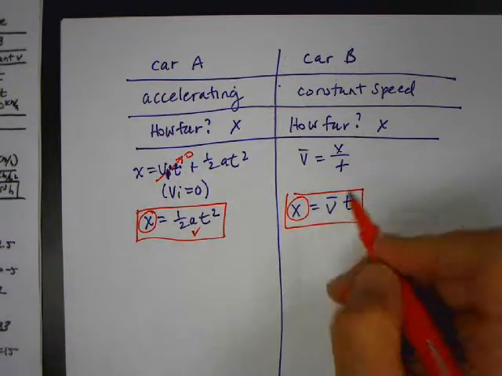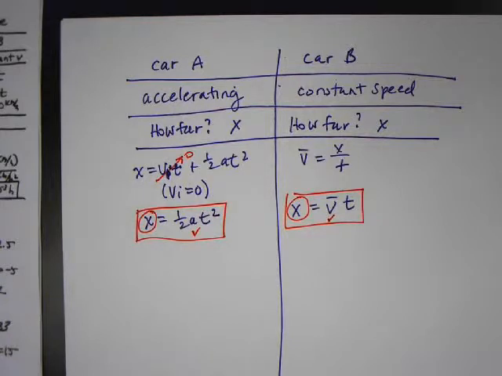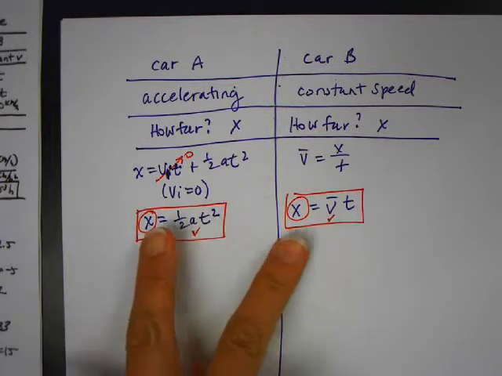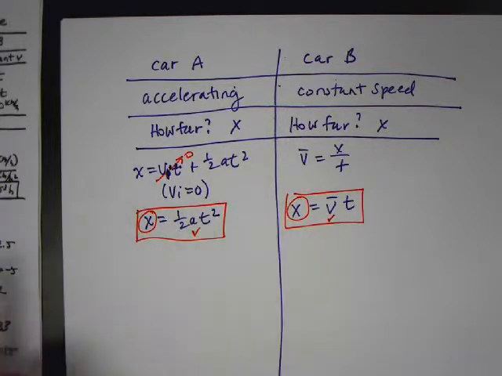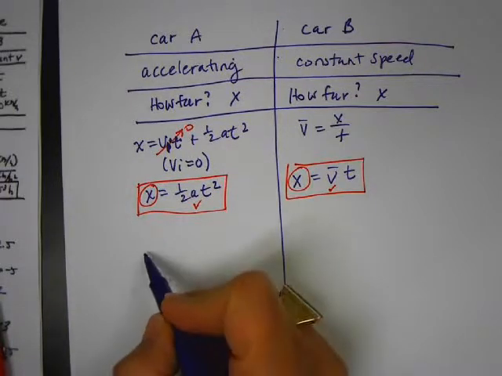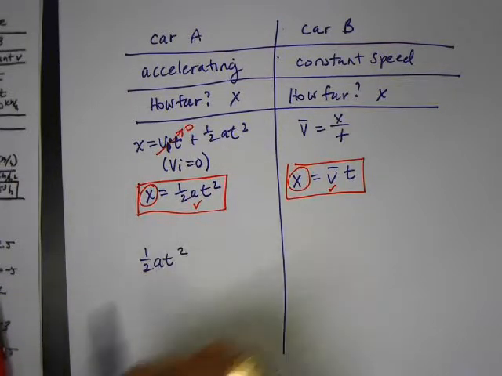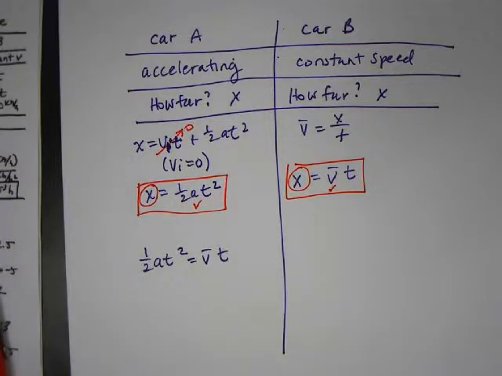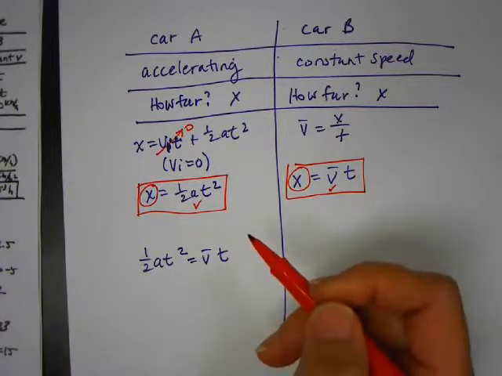I know a, I know v, but I have two equations and two unknowns. So one way to algebraically solve when you have two equations and two unknowns is, when these x's are equal, I'll just set this one equal to that one. So when I do that, I'm going to say that 1/2 a t squared is equal to v t. Now, I need to simplify this. So the first thing that I can do is I can factor out a t.